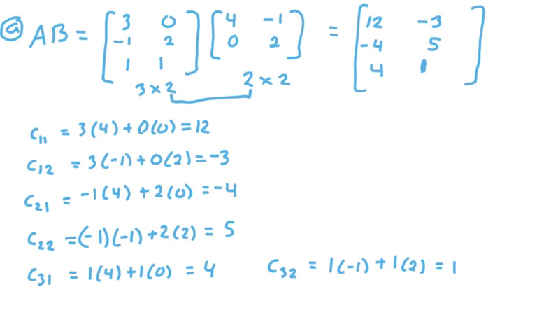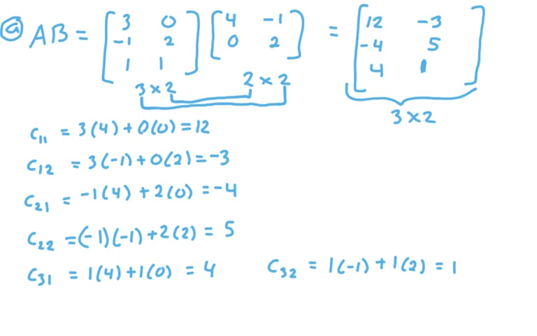The size of A times B is going to be determined by the rows of A along with the columns of B. And if you notice, the size of A times B is 3 by 2. Okay, now, we're going to determine the entries of A times B, and I go through it all, okay?